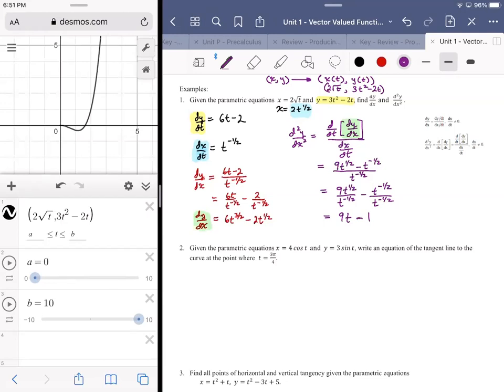Number 2, given the parametric equations, a little trig function there for you. Write an equation of the tangent line to the curve at the point where t is equal to 3 pi over 4. You'll notice I use the word an.